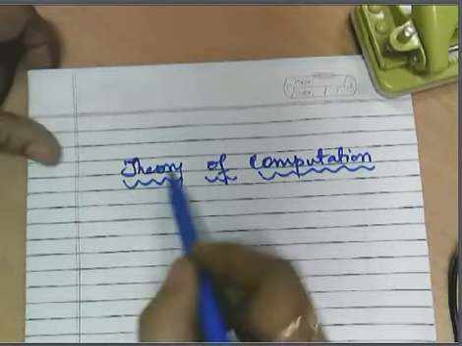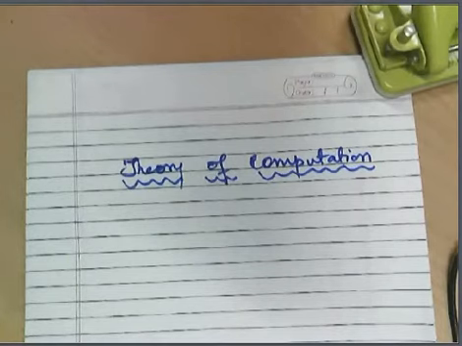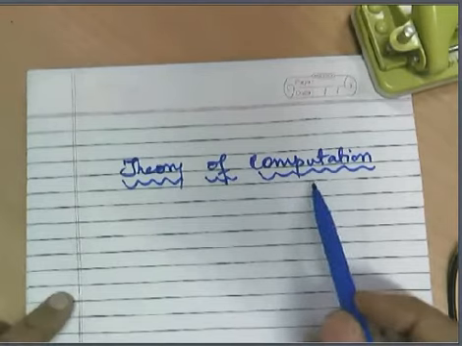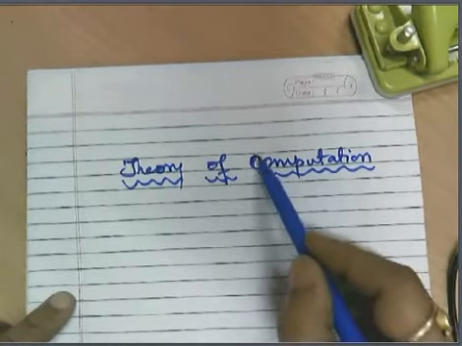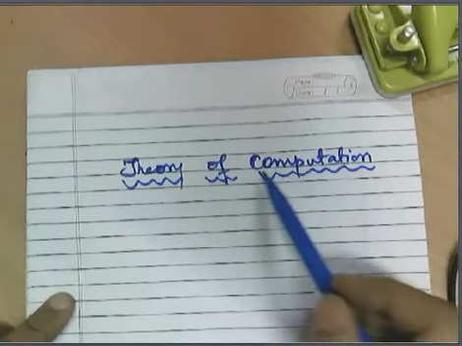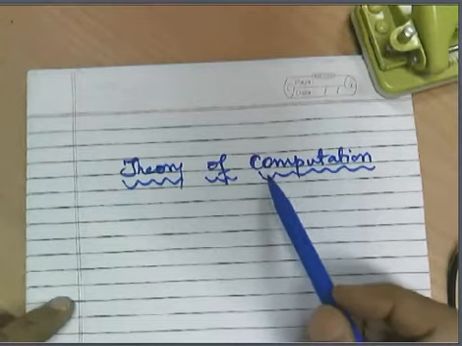So very first is the word theory. So you already know what is the meaning of theory. So next is of, and then there is the word computation. Okay, so the word computation is also very commonly understood by you. You are using it very frequently. You have applied this.